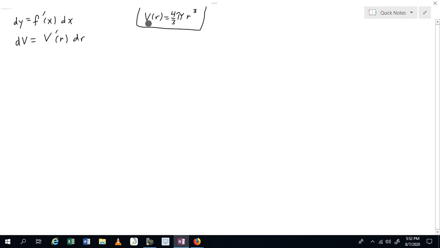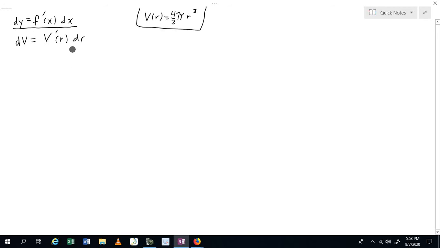R is the input variable and v is the output variable. So if you rewrite this equation in terms of the new input variable and the new output variable, it would look like this. The x becomes an r, and the y becomes a v, just because your input variable has changed to r and your output variable has changed to a v.